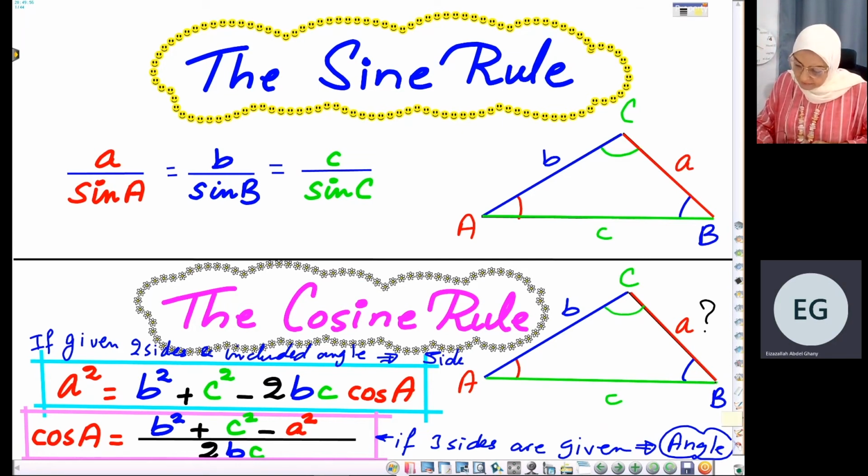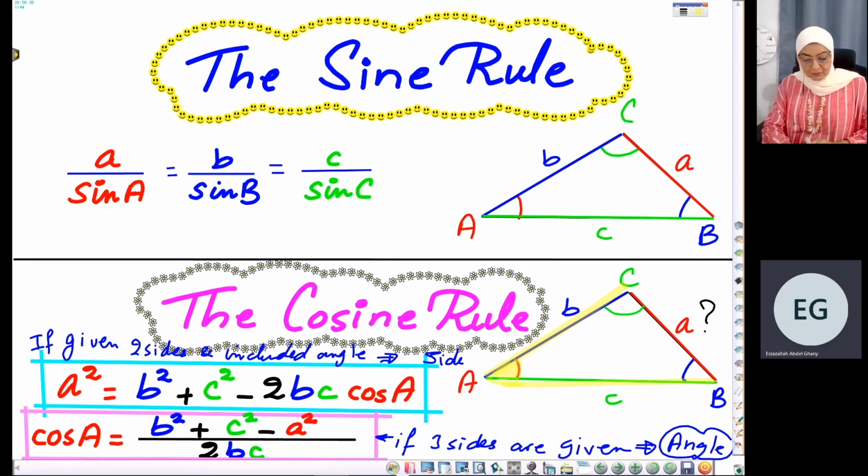Now I'll highlight them. If given this side and that side and this angle, so you simply say a squared equals b squared plus c squared minus twice bc cosine A. You are only dealing with this side, and at the end, you write multiply by cosine the included angle.